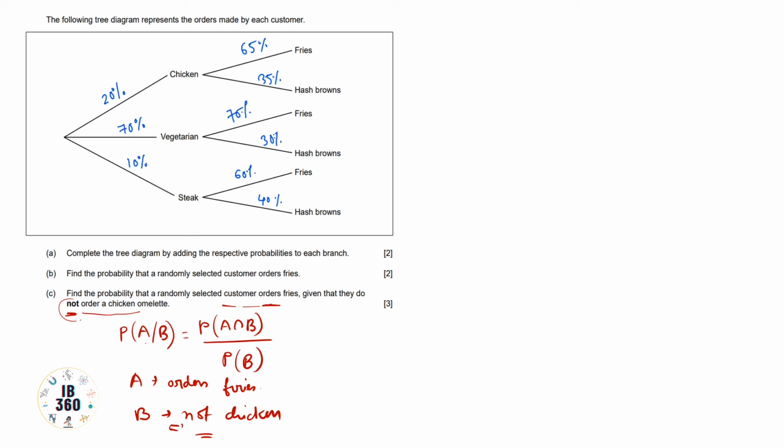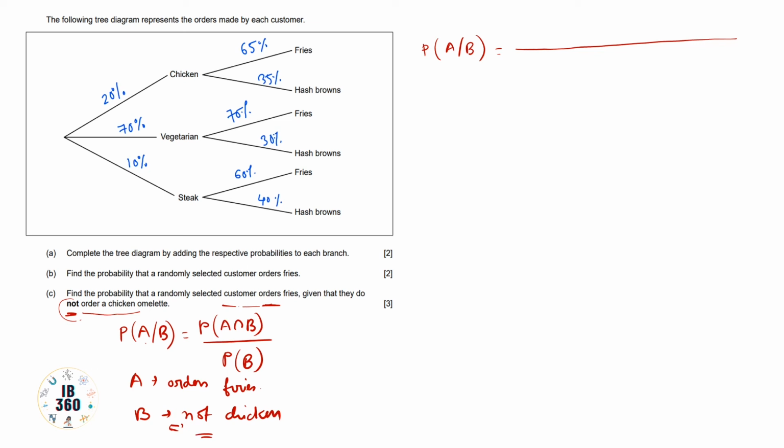Now if we find the probability, P of A given B equals P of A intersection B. Now try to understand this portion, P of A intersection B. It means we have to find the probability where the person orders fries but not from chicken.